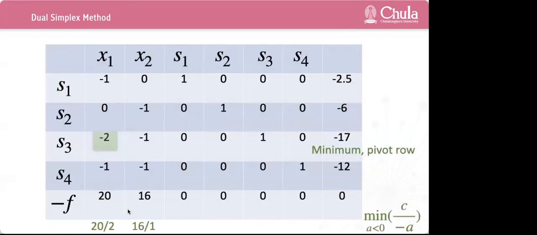Instead of the column, we look at the row first. And we select this row because this row has the minimum C over -A. You can follow me, right?